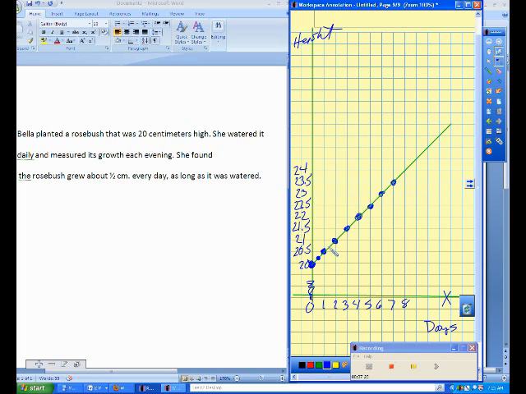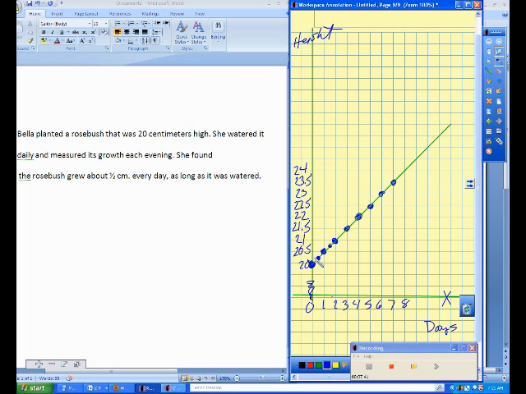Or after 1.5 days, this is about 20.75, because if you go directly over from here to here, it means that that's a possibility. Okay, well, that's entirely possible. We can have half of a day. Okay, we've talked about, that you can have 12 hours, which is half of a day. And you can also have 20.25 centimeters as well.